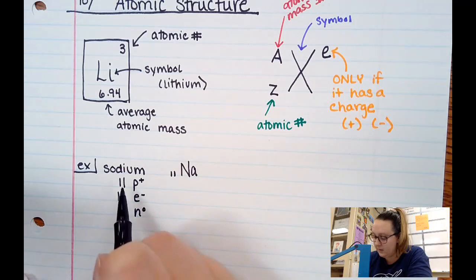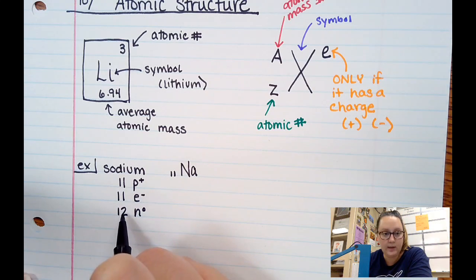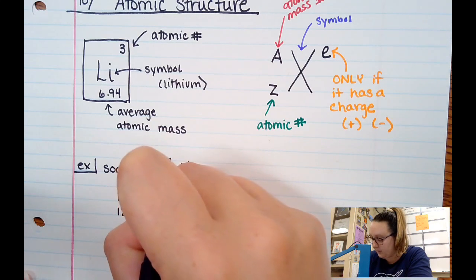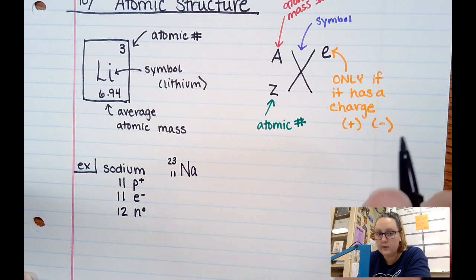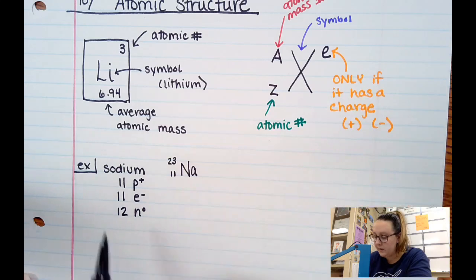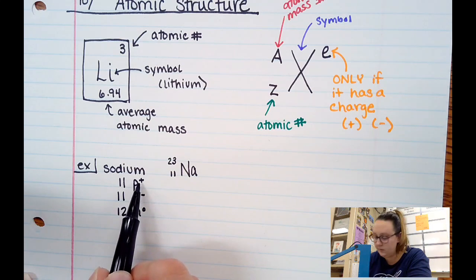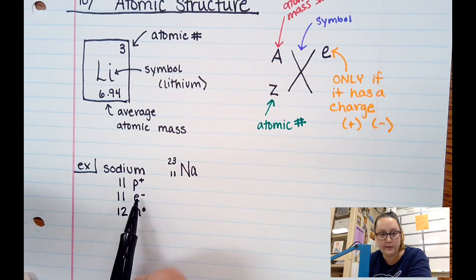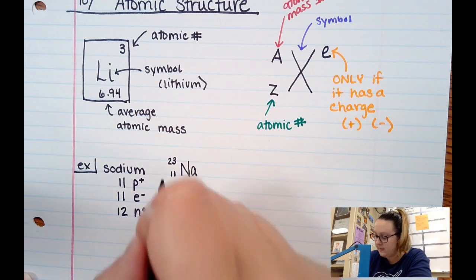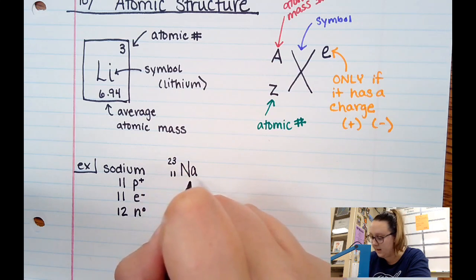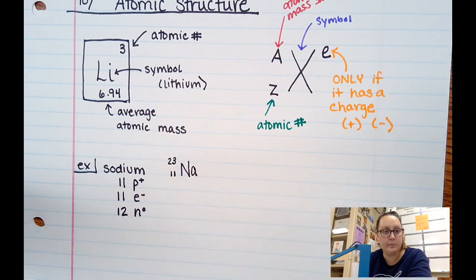So if I do 11 plus 12, I get 23. Next thing I'm just going to look at quickly, do I have a charge? 11 positives, 11 negatives. Those cancel out, so this is neutral. And that is how I would write this element symbol.